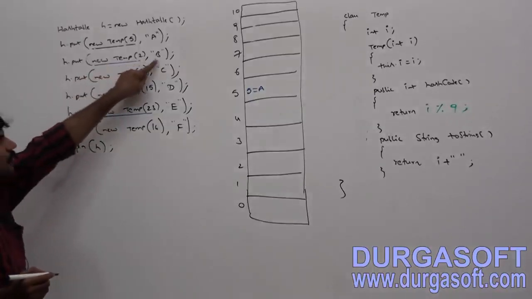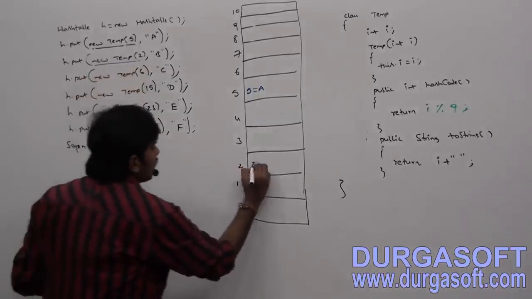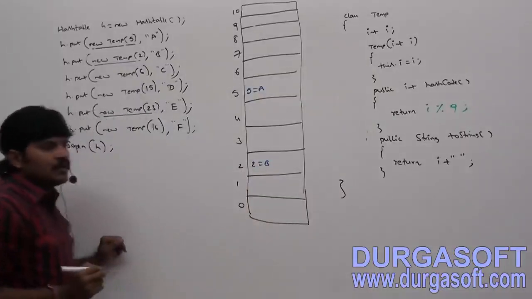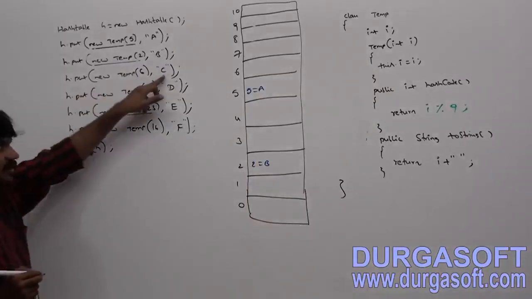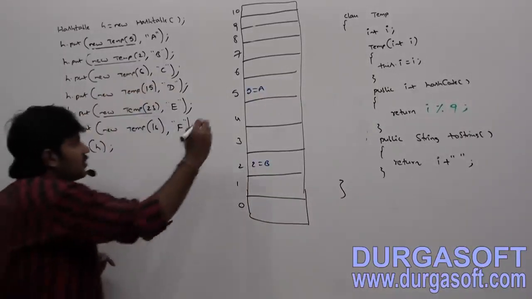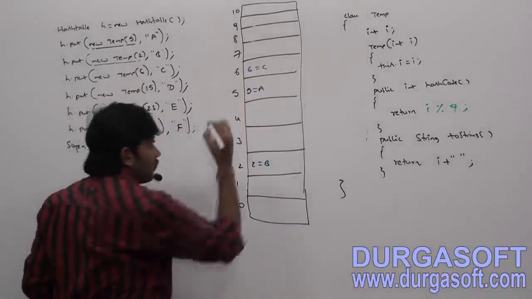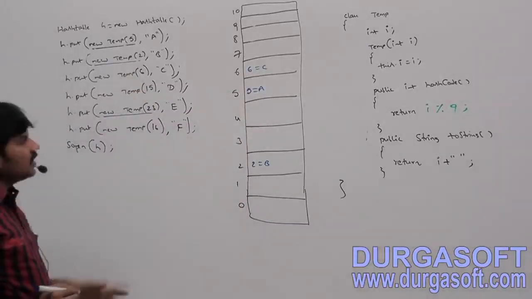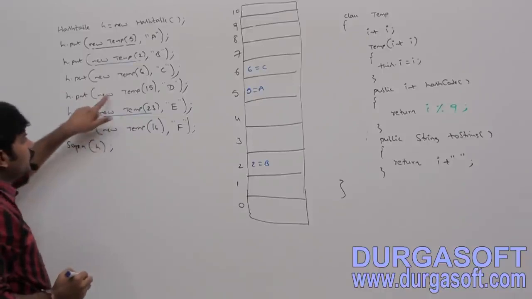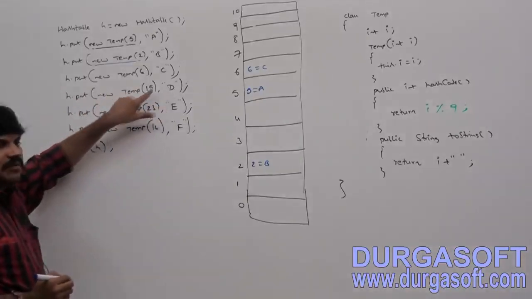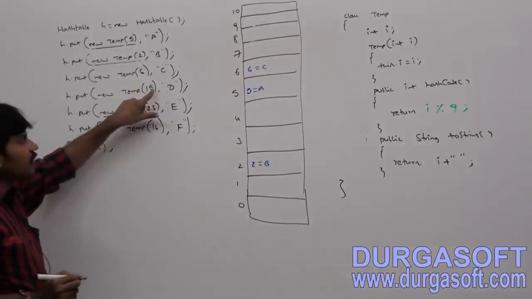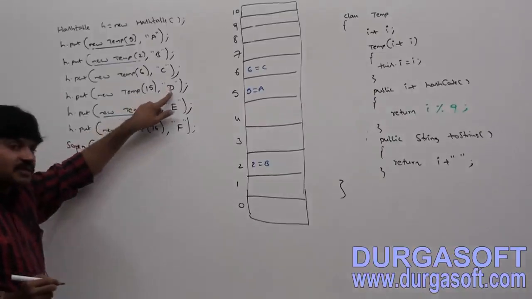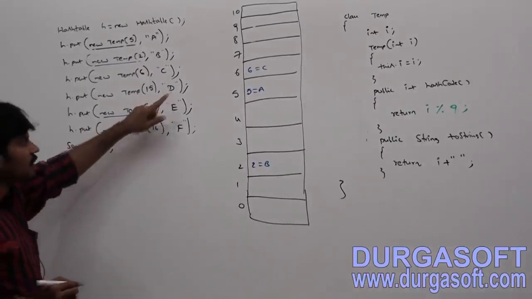In the second bucket, 2 is equal to B. Sir, new Temp(6), C: in the sixth bucket, 6 is equal to C, because 6 % 9 is nothing but 6 only. That's why. New Temp(15), D: what about this one? 15 % 9 is nothing but what?